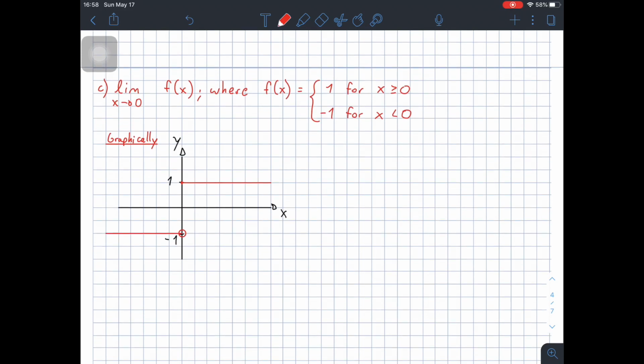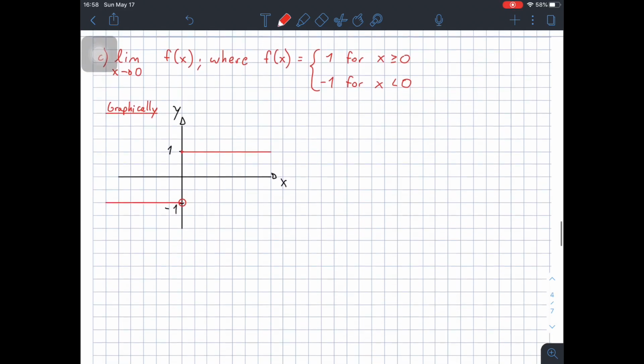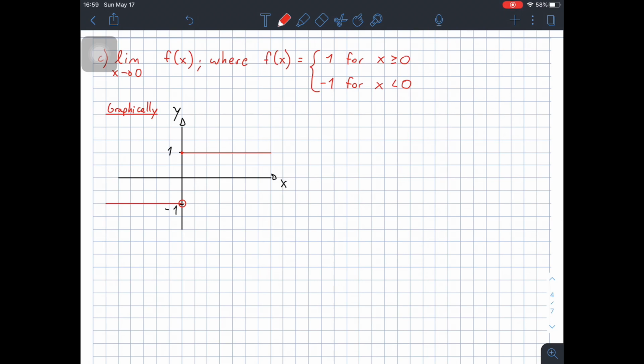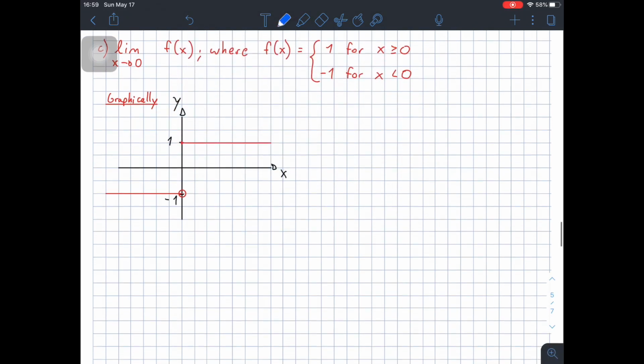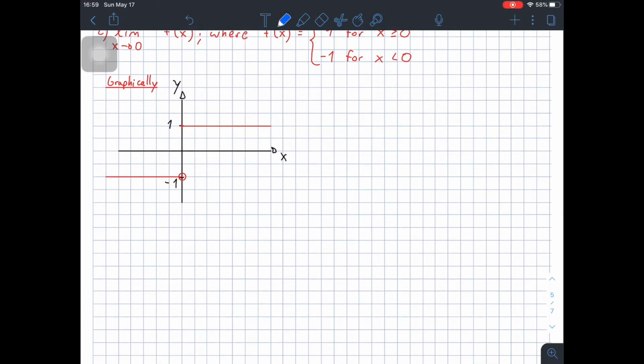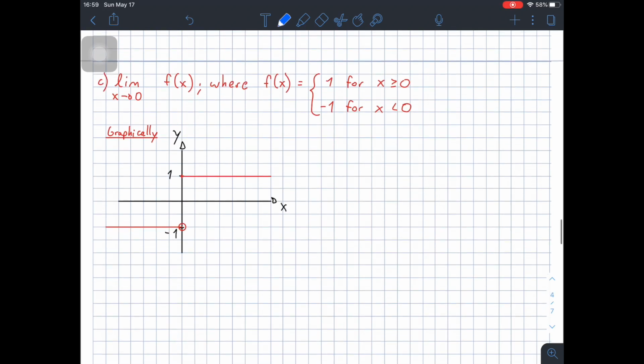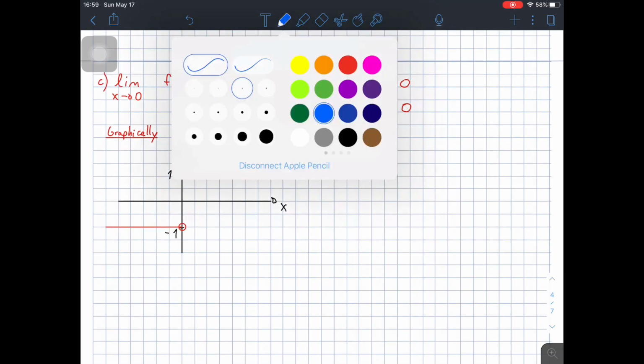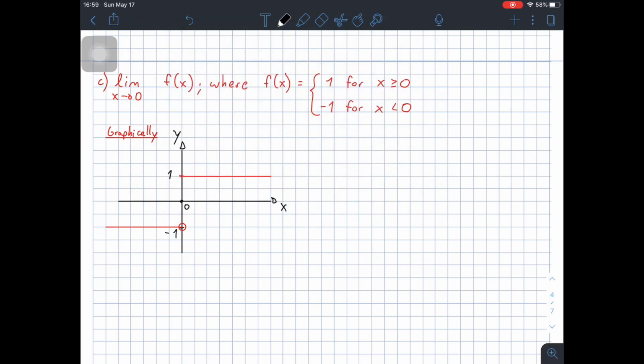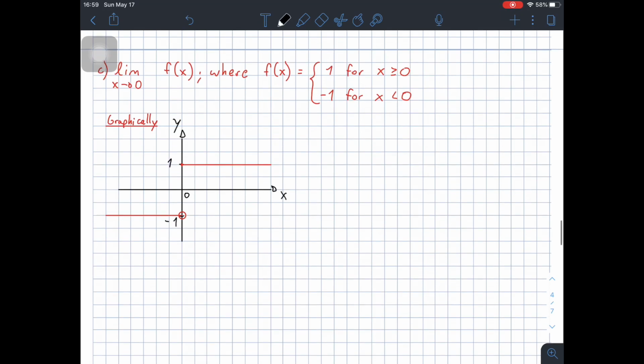Okay, so now that we have the graph, we're going to analyze the concept of the limit, okay? Whenever we're doing this graphically, remember, we want to know the limit when x tends to 0, okay? We're looking at x equals 0, which is here. So for that value of x, what's happening with the limit?